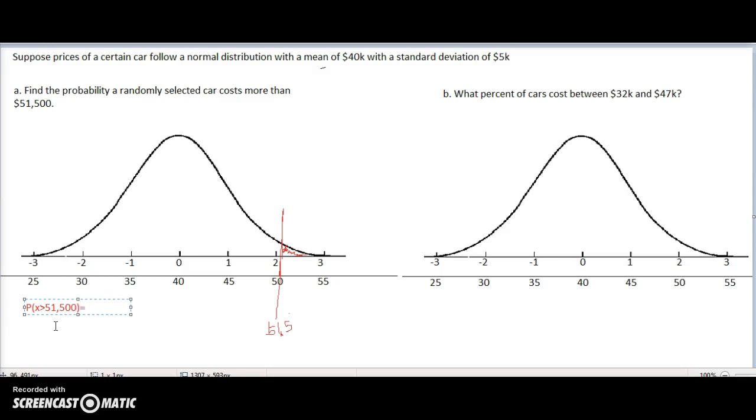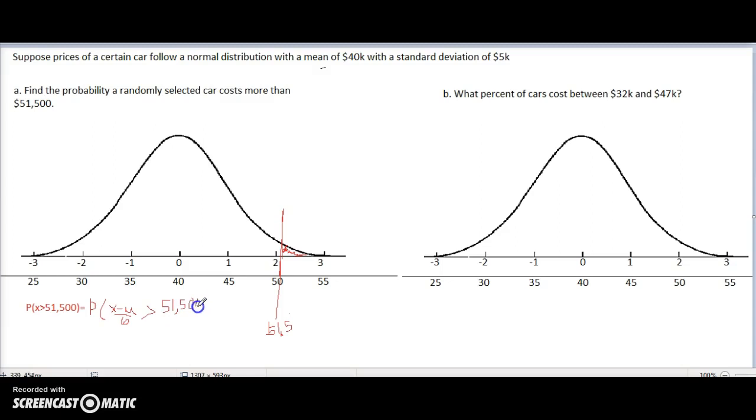that is going to equal, we need to convert our x's to z's, so let's just write this. So that's going to be the probability that z, so the formula for z is x minus mu over sigma. And if you didn't know that, review the lecture that I just had. Is greater than, because we're looking at more, 51,500.